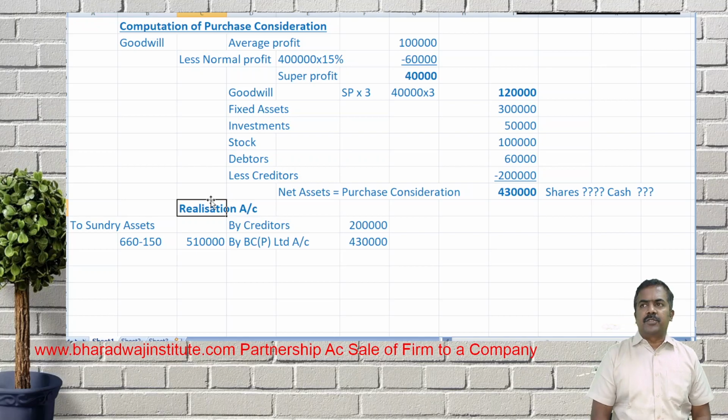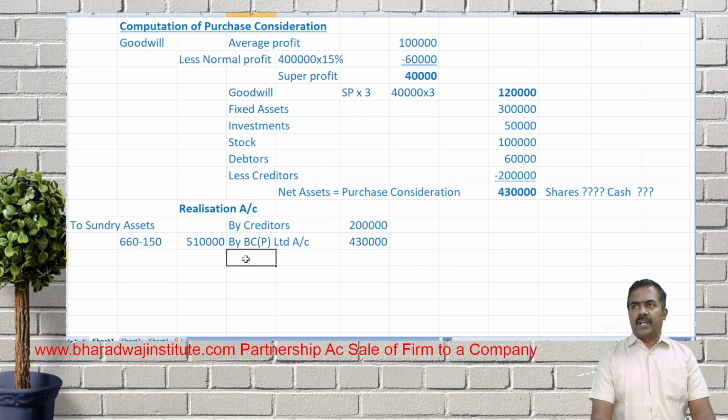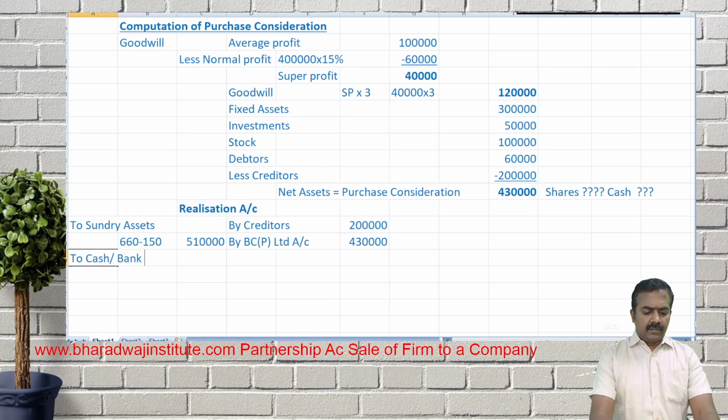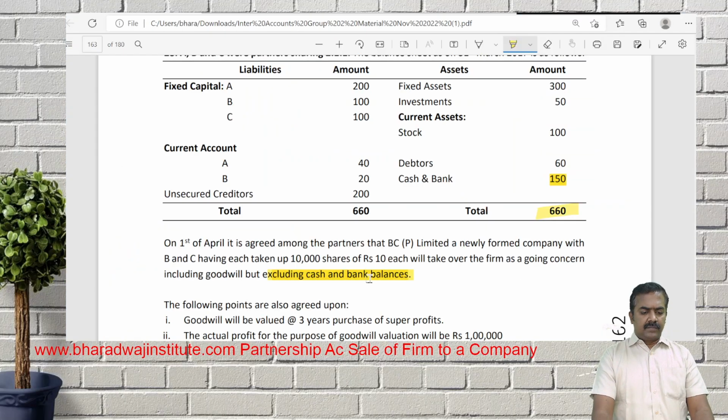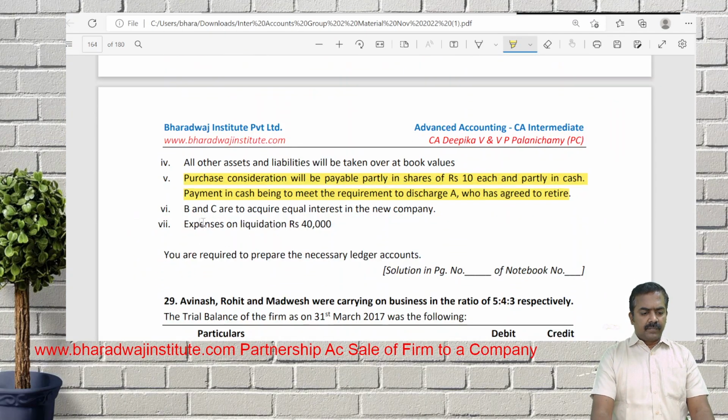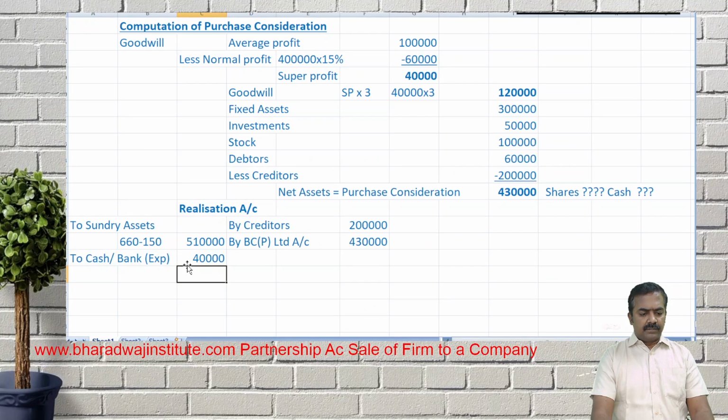Any payment of liabilities to be done? No. So no by cash, no to cash. Liquidation expense is there? Yes. To cash or bank, for the expenses. How much are the liquidation expenses? 40,000. Any other thing? Liquidation expenses 40,000. That's all. We can tally this.